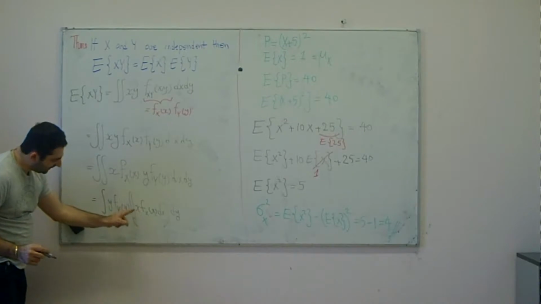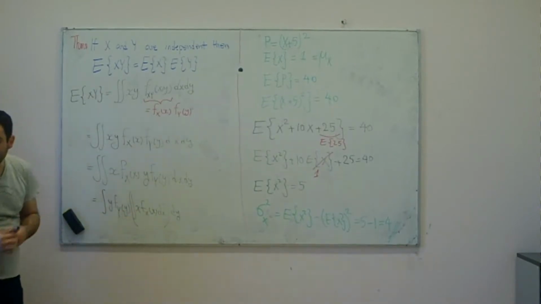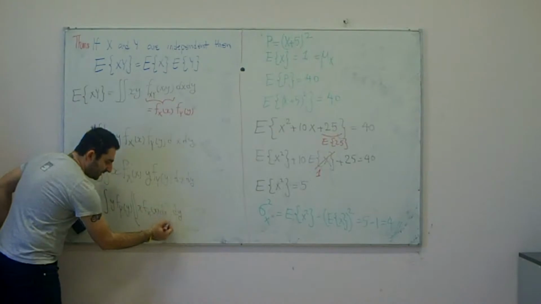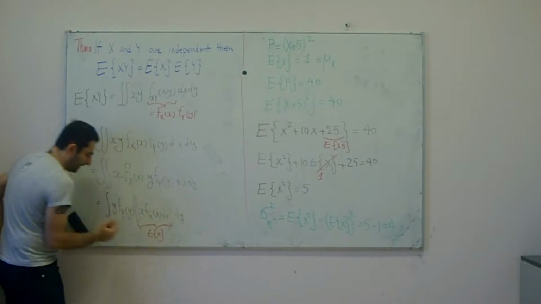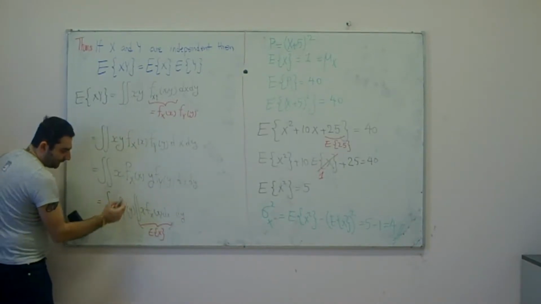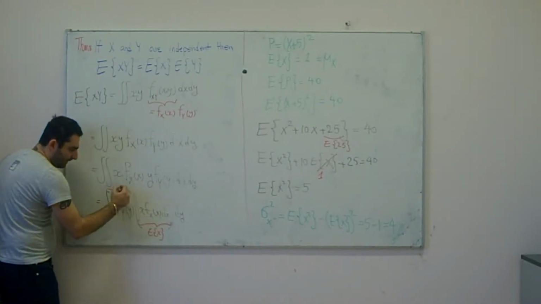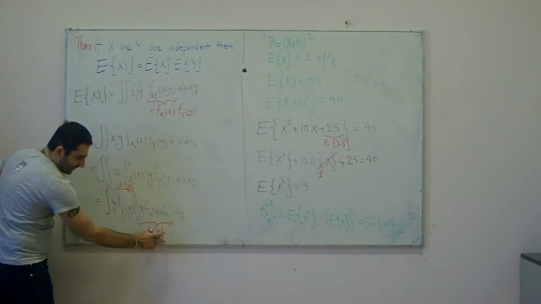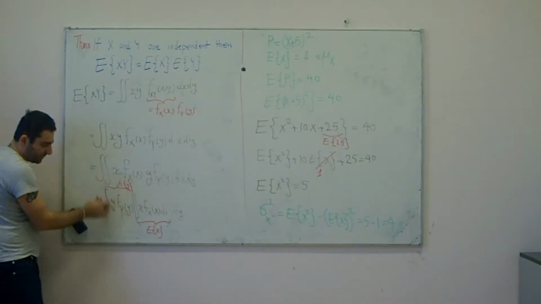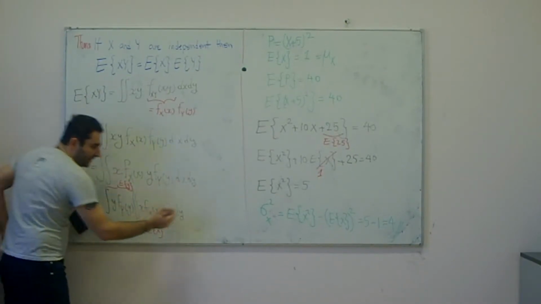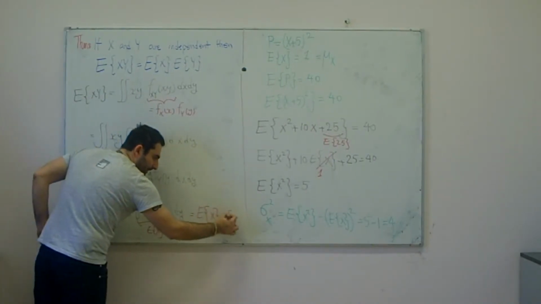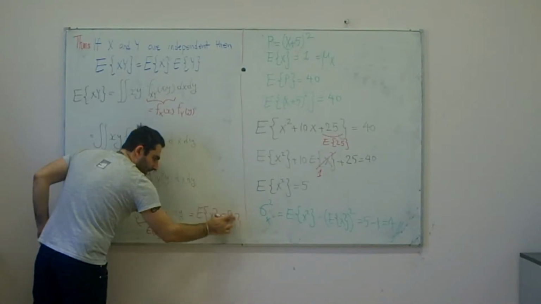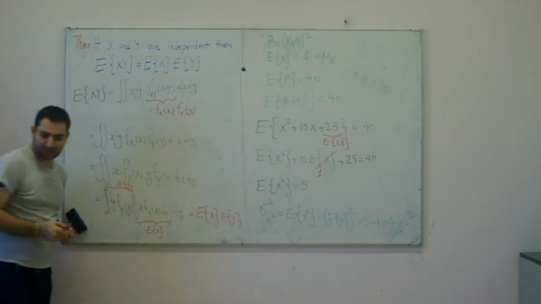What is the integral of x f_X(x) dx? This is E of x. The integral of y f_Y(y), what is this? E of y. I am sure you understand that E of x is a constant, it will come out, so we will be left with the integral of y f_Y(y) dy. So the result will be E of x multiplied by E of y. This is the proof.